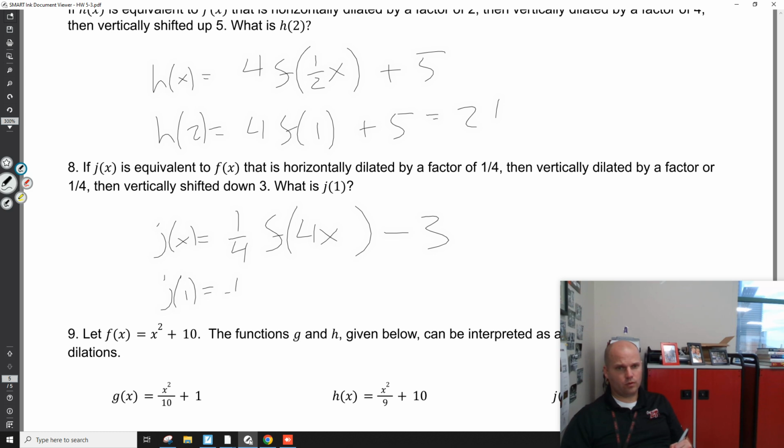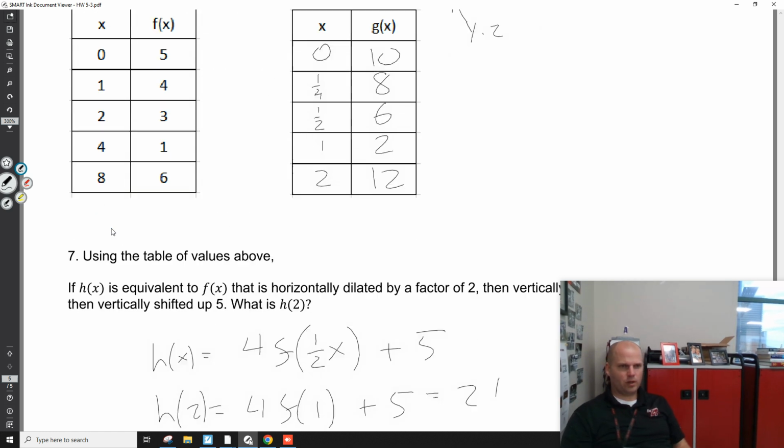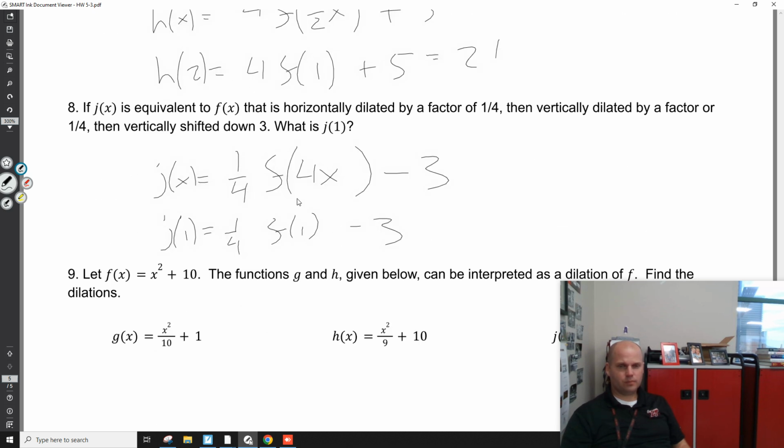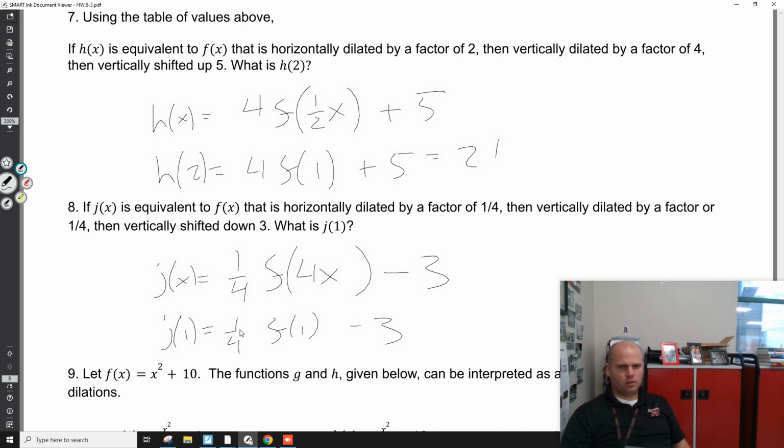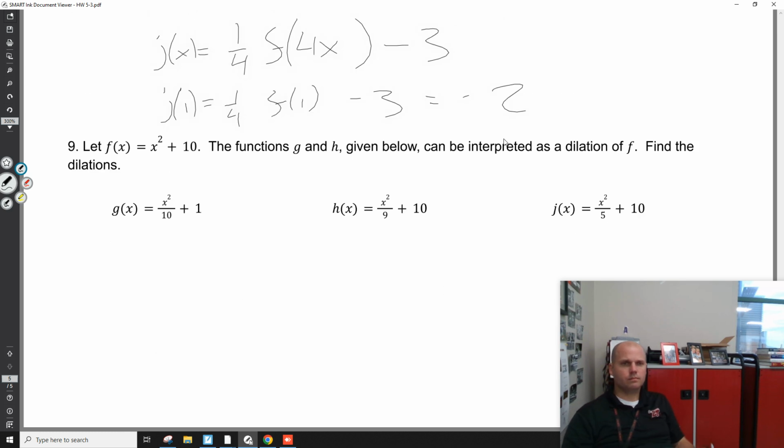J of 1 is 1/4 F of 1 minus 3. Okay, I just did it again. I feel like I wanted to use 8 in some of these. Anyways, F of 1 is 4 times a fourth is 1 minus 3 is negative 2. Okay.